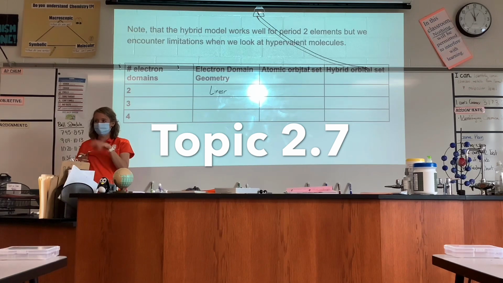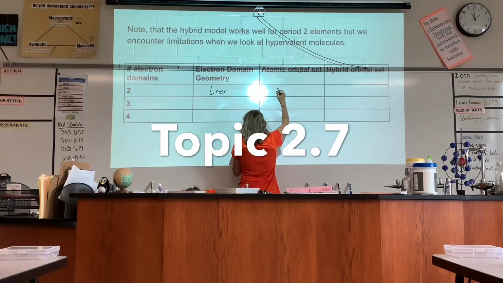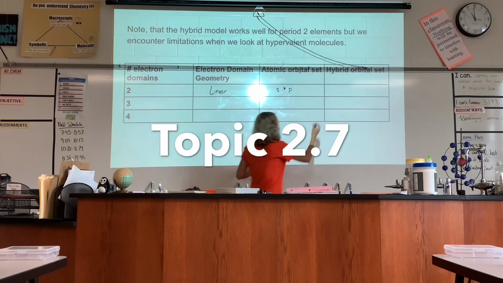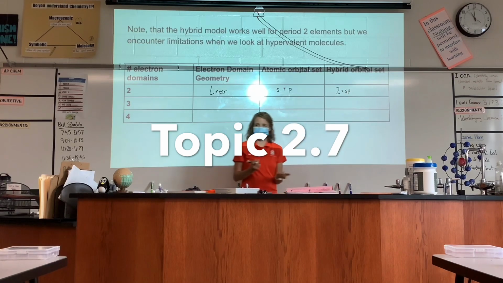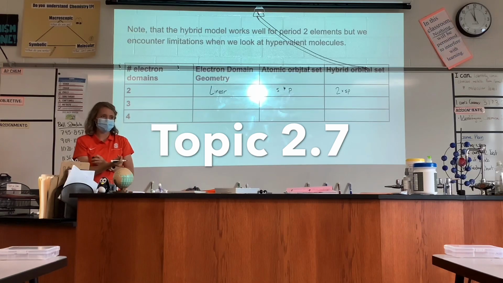Now once again, notice the pattern of 2. It has 2 domains, so that means the atomic orbitals available are 1 s and 1 p. When they hybridize, that's going to make 2 sp orbitals. So we would call it an sp hybridization.